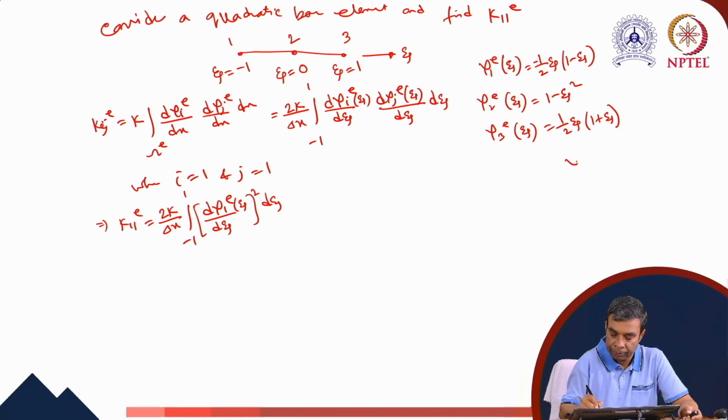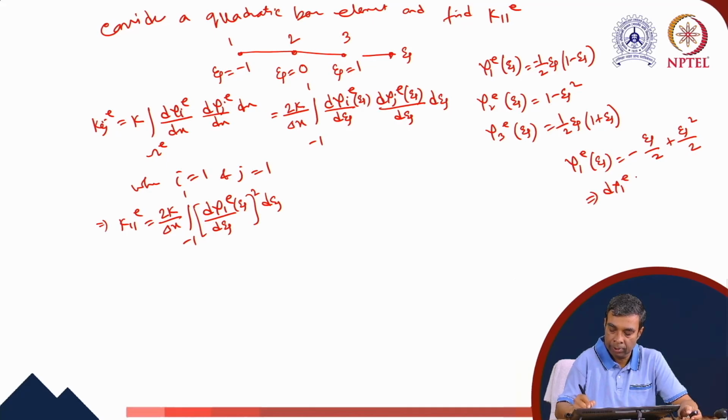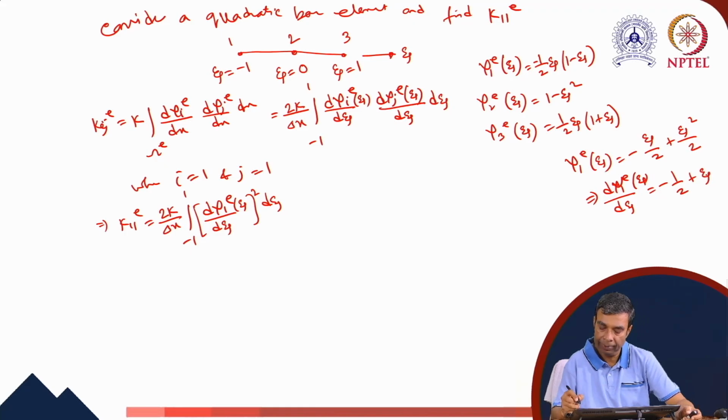Now psi1e equals minus xi by 2 plus xi square by 2. This gives d psi1e/d xi equals minus half plus xi, equals xi minus half.